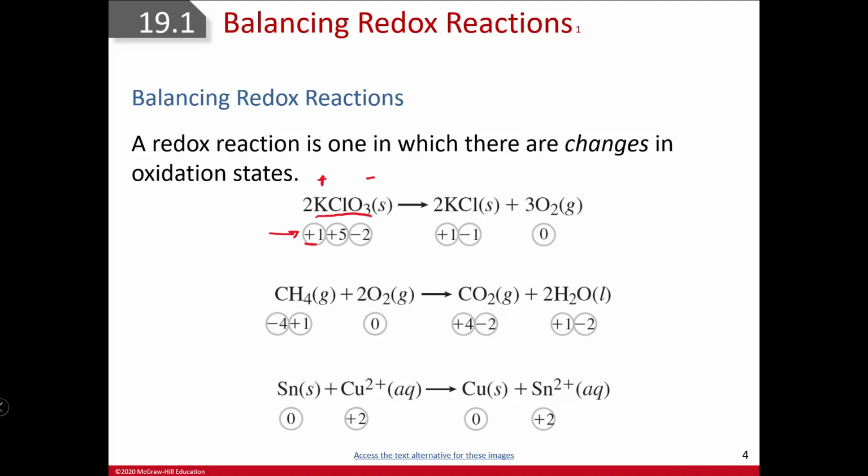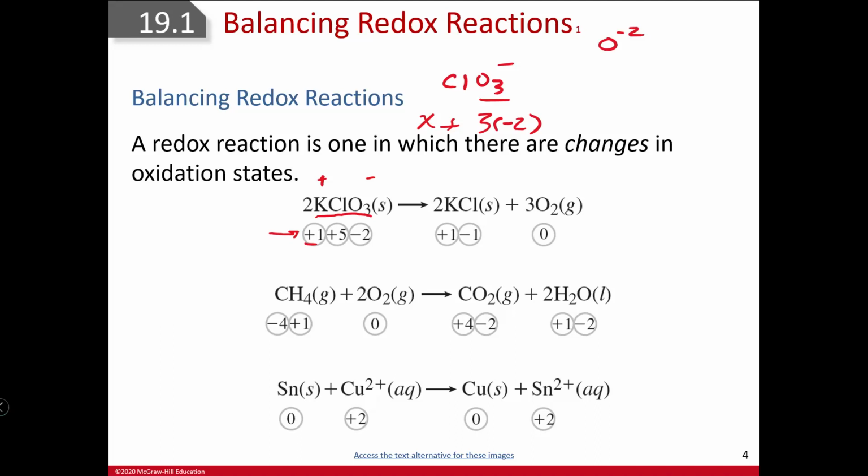So there it is. Then we look at the chlorate, and we can look at it individually like this, or we can look at it holistically like that. But here's what we know. According to the rules, we have 3 oxygen. Each one has a -2 oxidation state. And chlorine, there's no rule for chlorine except that it's almost always -1 unless it's attached to something that's above it. And oxygen almost always has an oxidation state of -2.